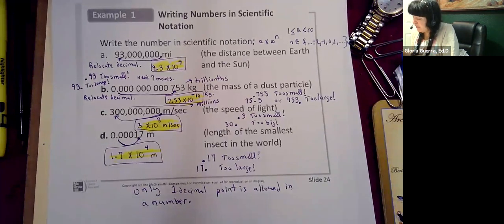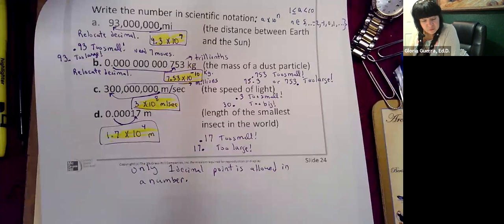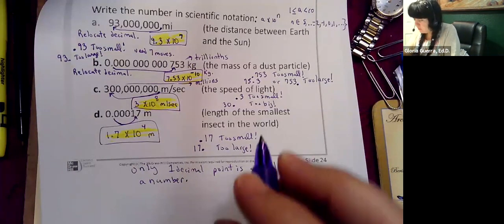The other thing I have to say is assume the decimal point is at the end of the number if you don't see it.